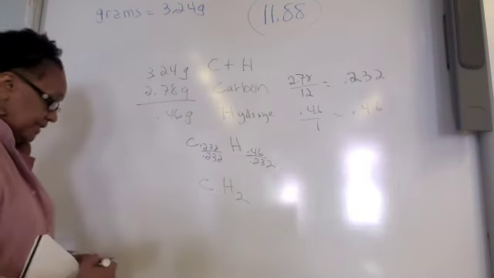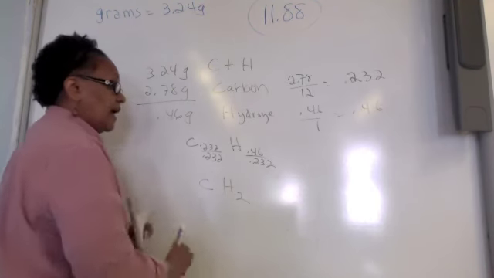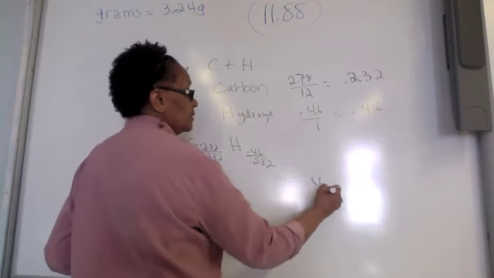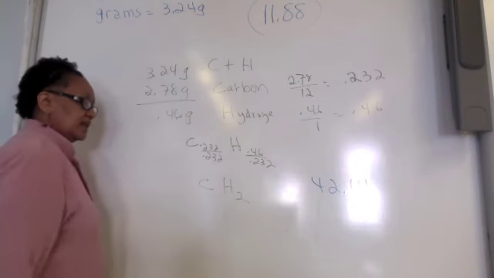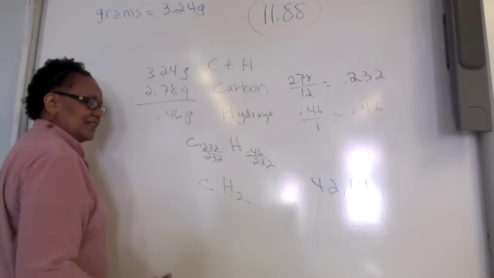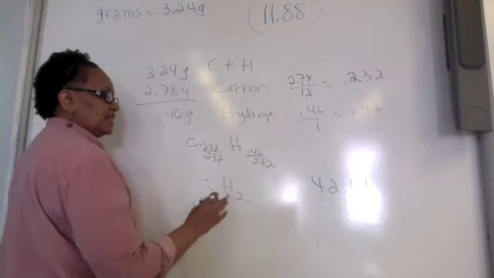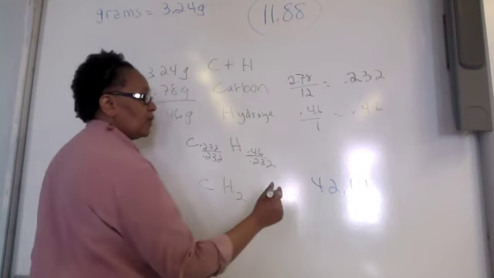Now in the problem, the molar mass of this unknown gas we calculated was 42.14, say. So what's the molar mass of this? 12 plus 2 is 14. That's not right. So we need, this is empirical. The real formula is a multiple of this. So what's that multiple?